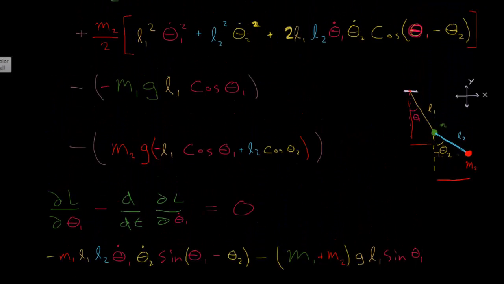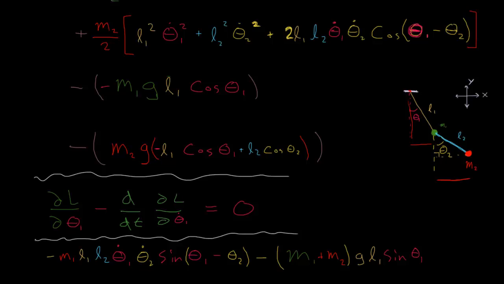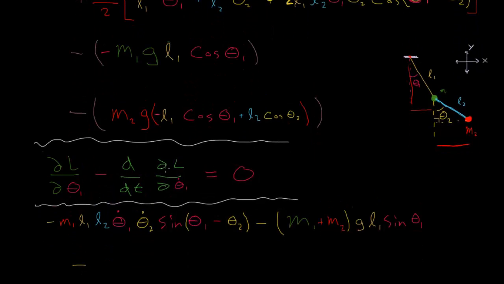Maybe I should draw a line here. We're just plugging it into the Euler-Lagrange formula. And so dL d theta 1 dot. I'll write the d dt out, and we'll do that second. Now we're going to look at this derivative where it's valid in here, and then we'll write it out, and then we'll do the time derivative.